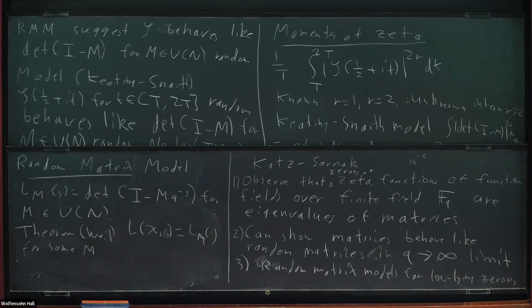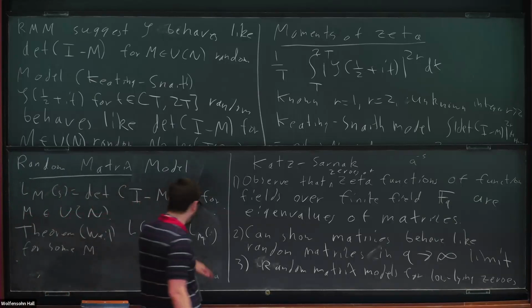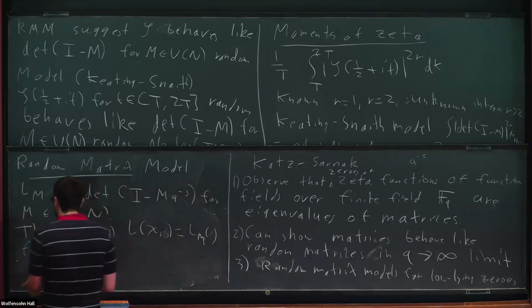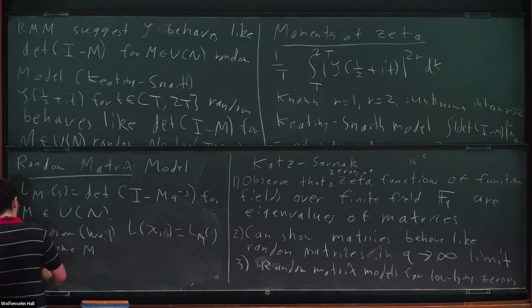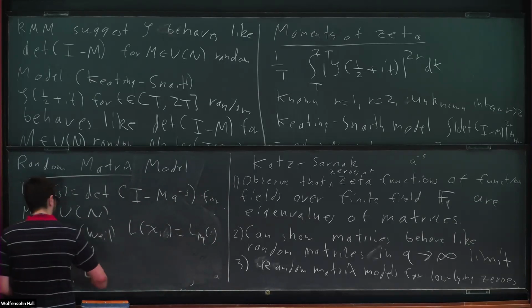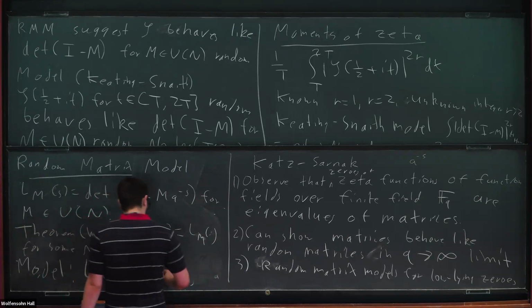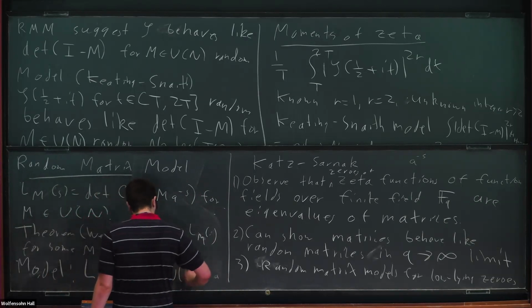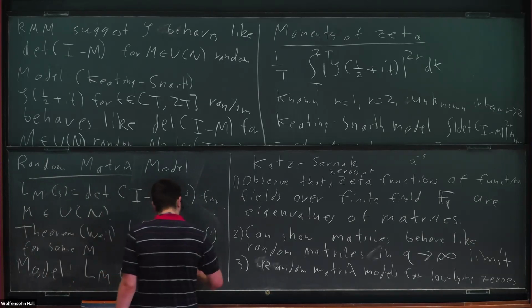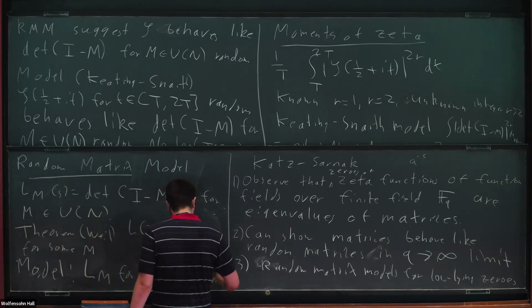So the exact details like the +2 and the not +1 here are what's needed to make this theorem true. And so that theorem then motivates a model. The random matrix model is we consider L_m for m in U_n Haar random.